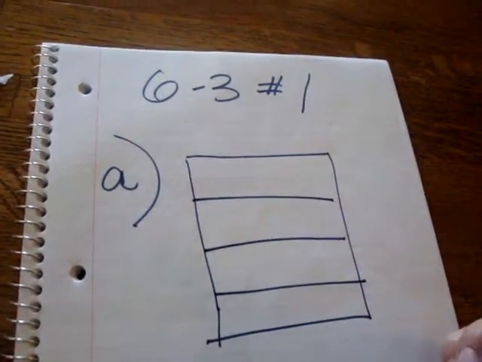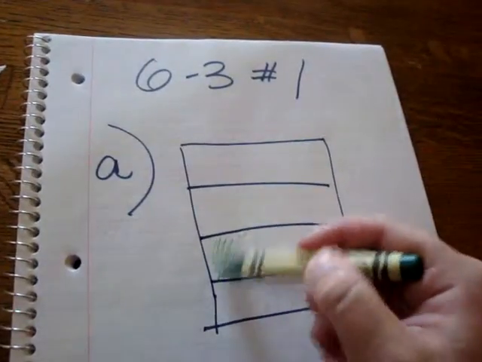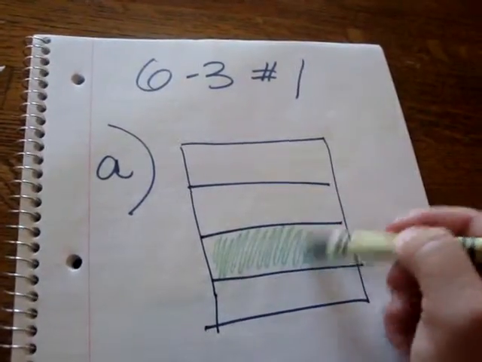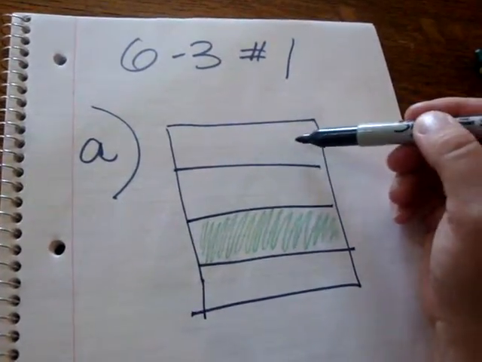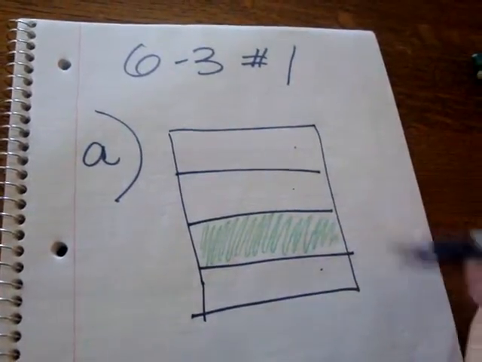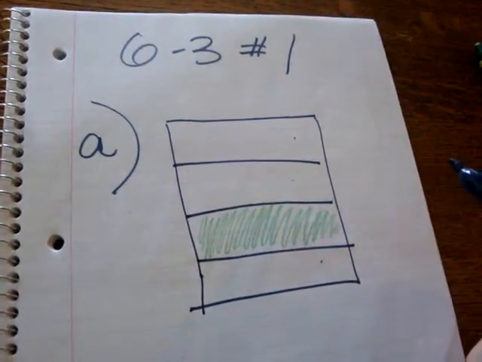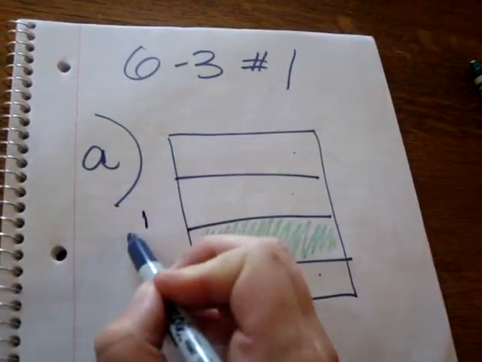And in this problem, one of those rows is shaded. So it's very easy to see, there's 1, 2, 3, 4 equal parts. One of them is shaded. So that would represent the fraction 1 out of 4, or 1/4.